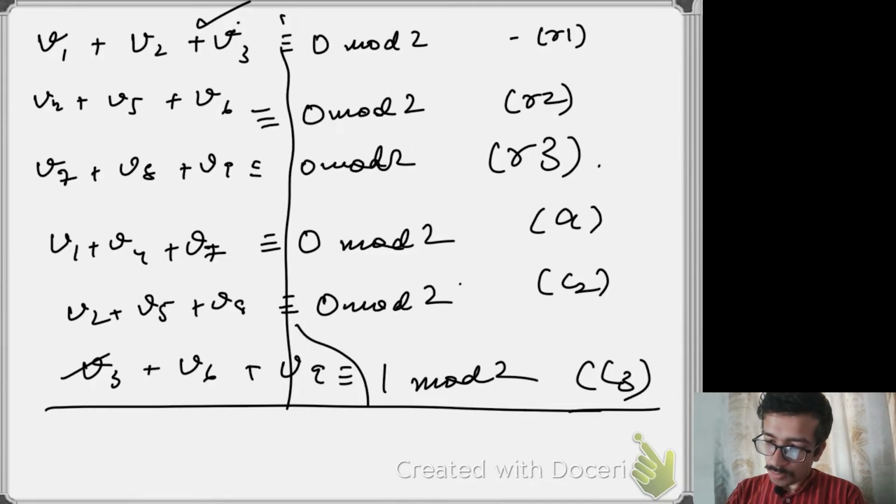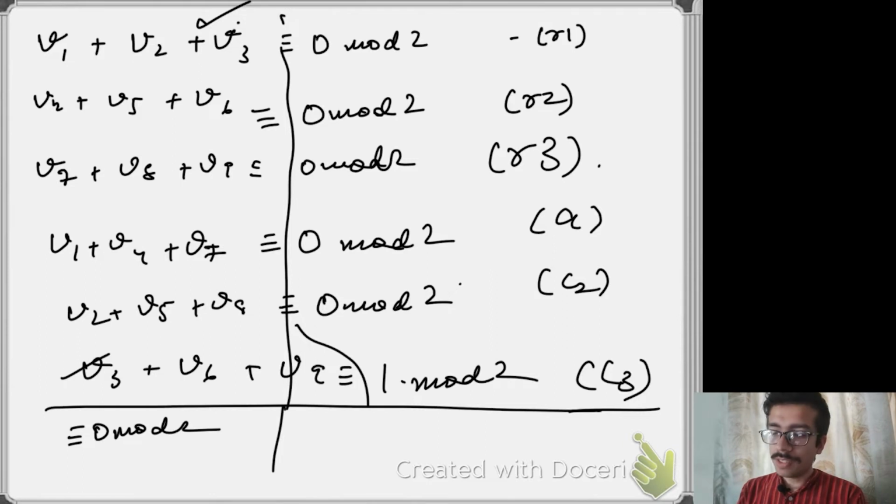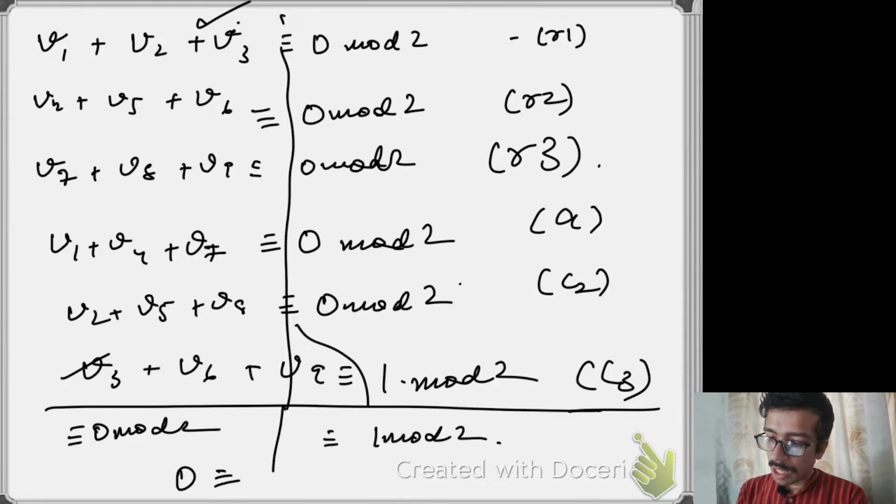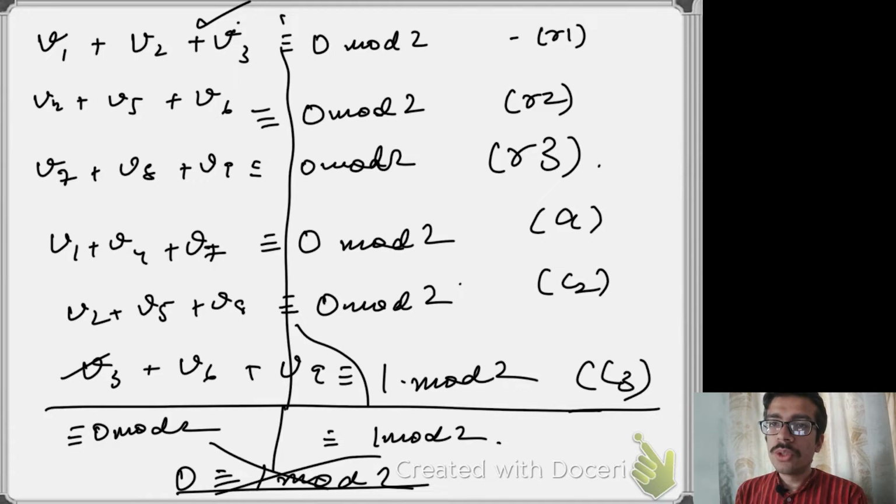So if I sum over the left hand side of each equation, every variable will occur twice and the sum is going to be 0 mod 2. Whereas on the right hand side we have 5 zeros and a single 1, which is congruent to 1 mod 2. So if all of these constraints are true, then we get 0 congruent to 1 modulo 2, which is wrong. So it's of course not possible to satisfy all these constraints.